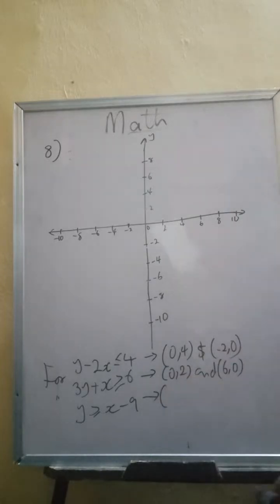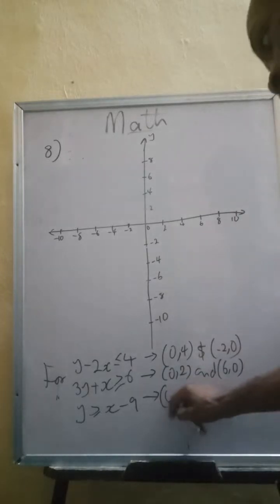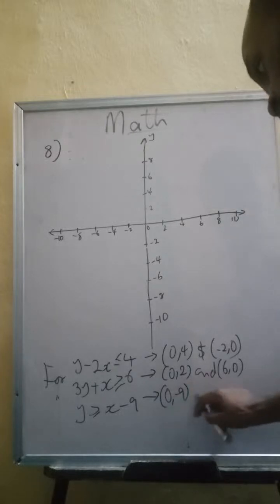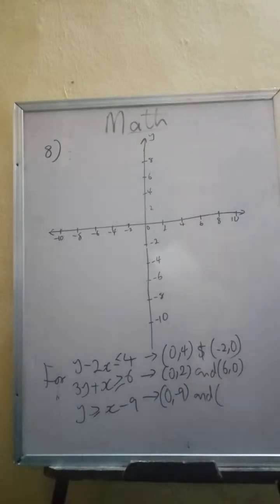And in this case, we have 0, -9, and we have 9, 0. All right, so let's sort things out here and see how it goes.